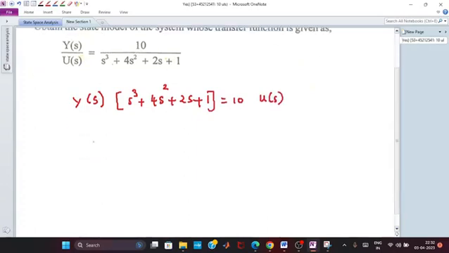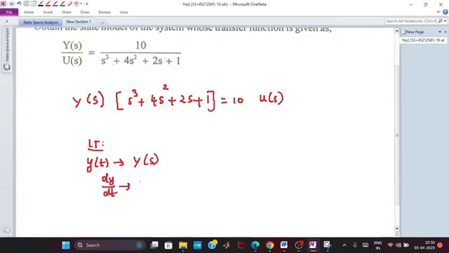Now let me ask some simple questions. What is the Laplace transform of the variable y, or y of t? The value is Y(s). And what is the Laplace transform of dy by dt?